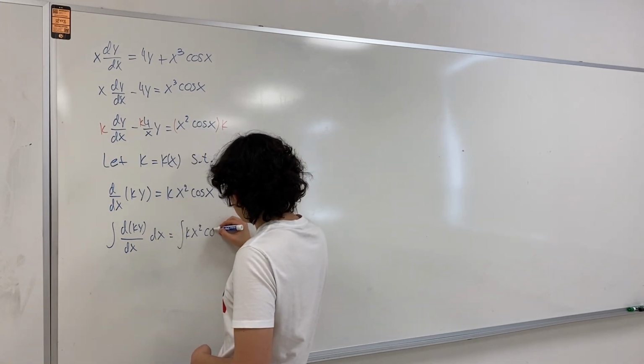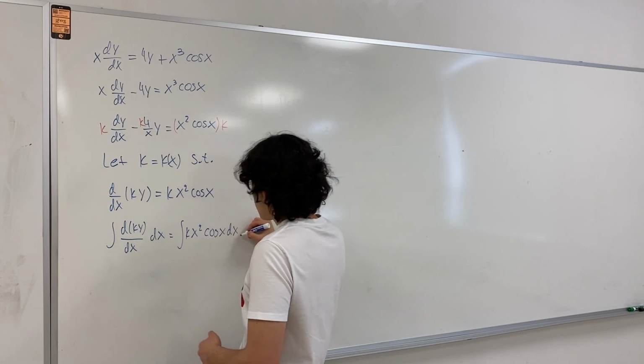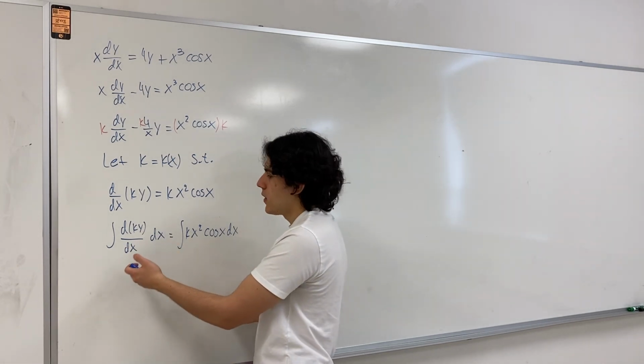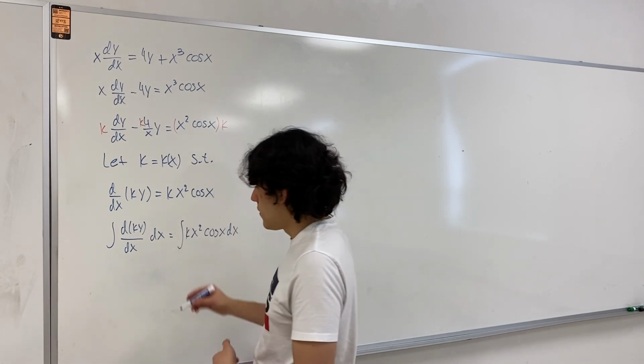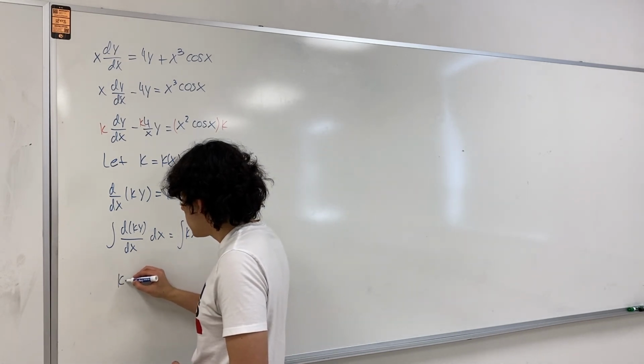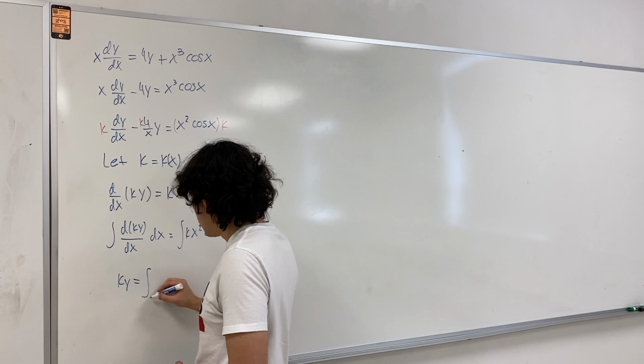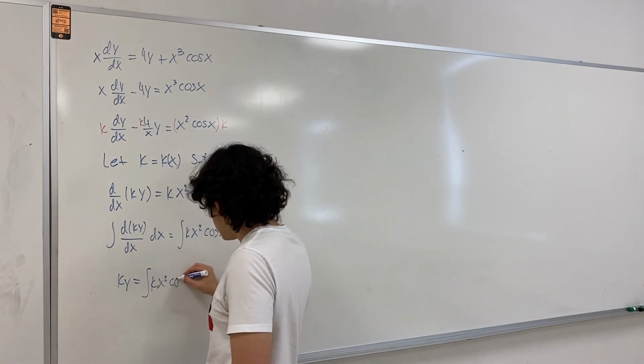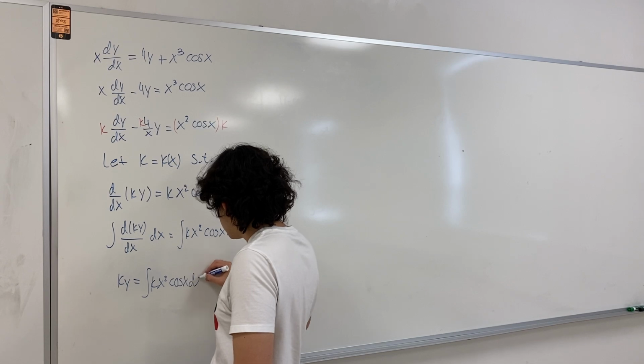Now, notice what happens here. We have the derivative of ky, and we're undoing the derivative.